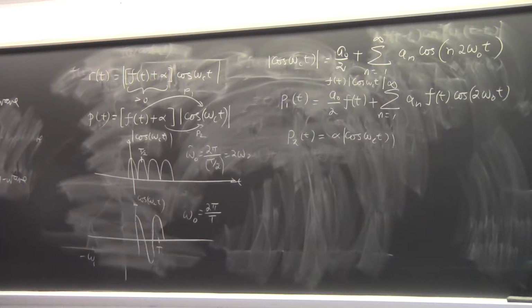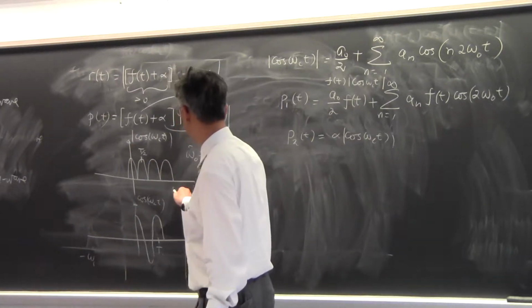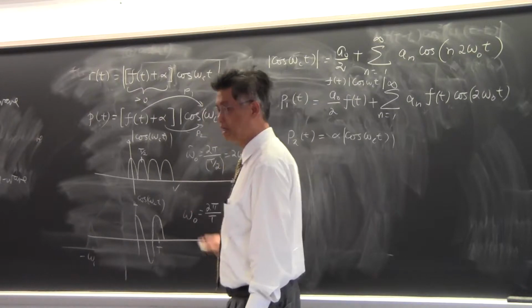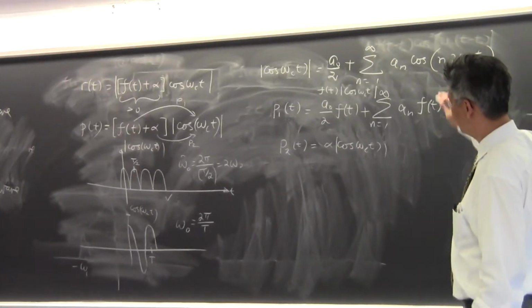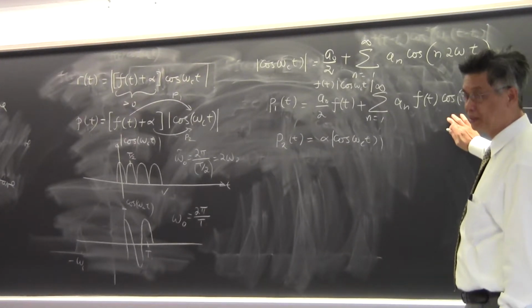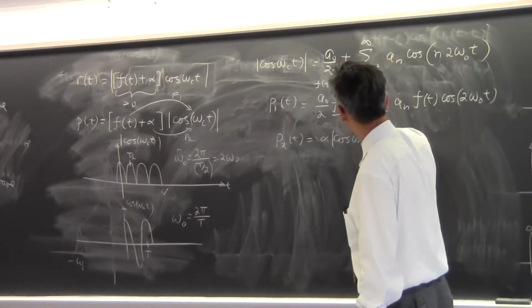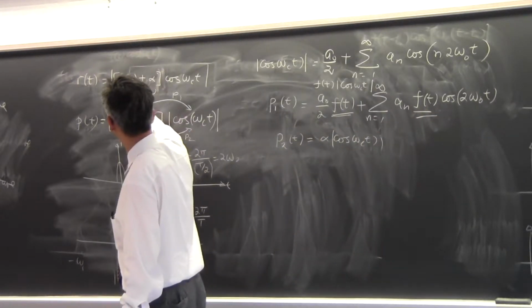So, p2(t) is not very interesting. It's just the original signal I have over here multiplied by alpha. Okay, it's just this thing multiplied by alpha. But it's this term that's interesting. It contains the signal that I'm interested in, the signal that I've transmitted over the channel.